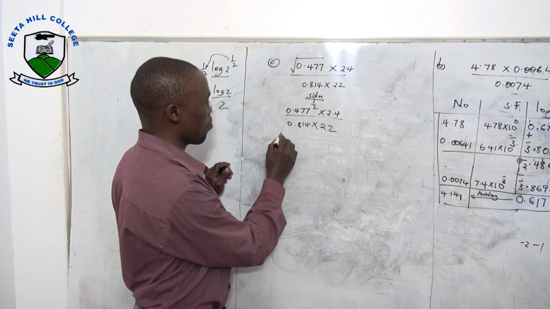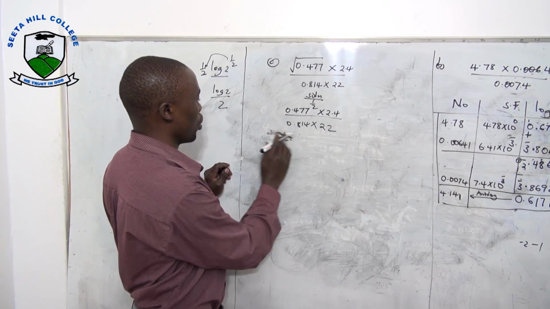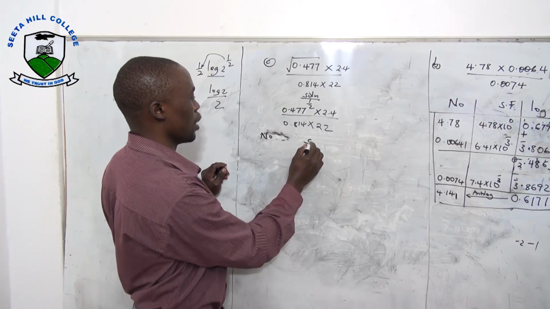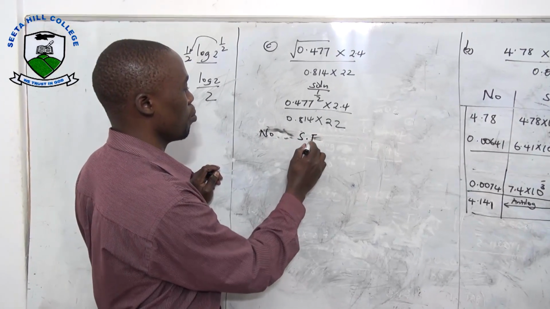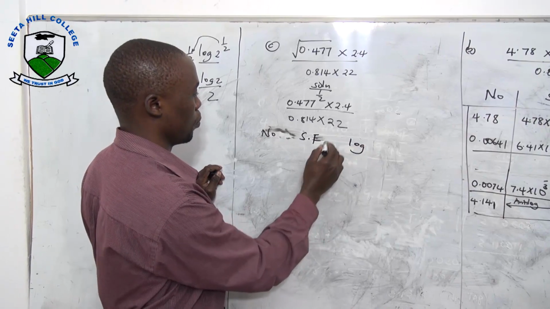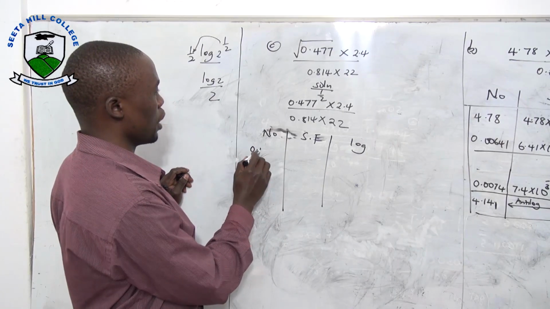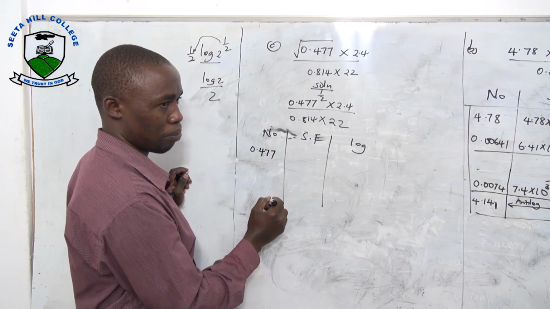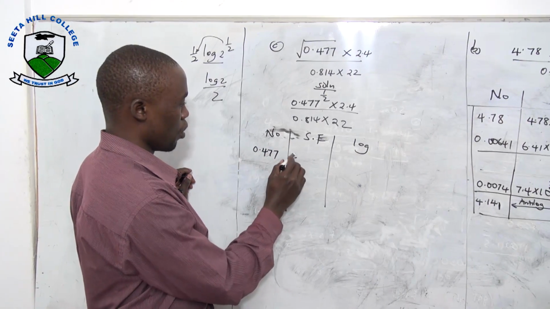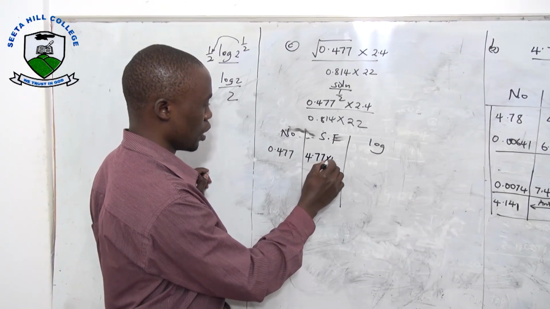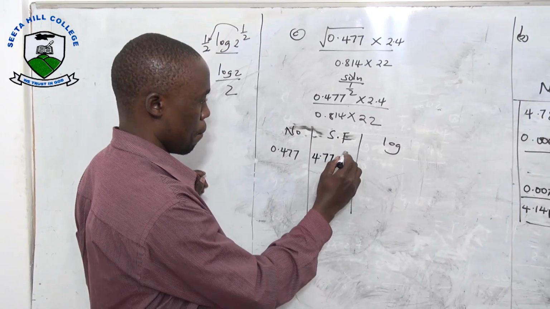Let us start. Number, standard form, then log. Let us start right away. 0.477 is 4.77 times 10 to the power negative 1.